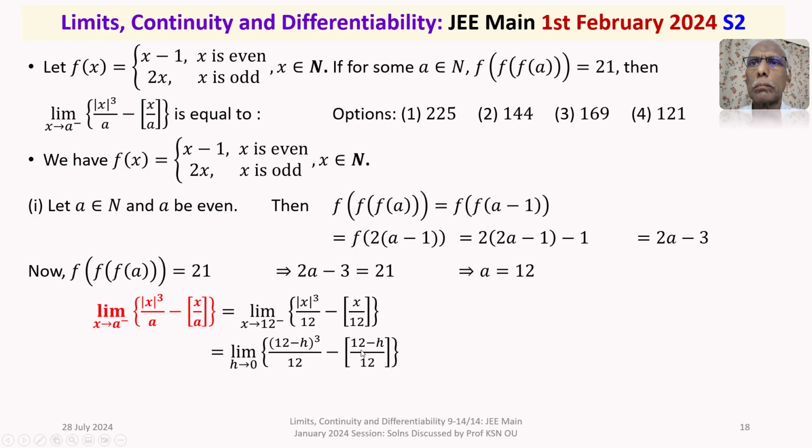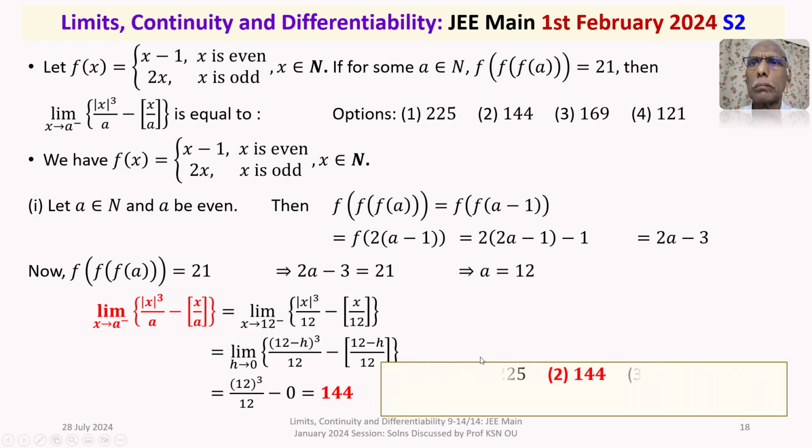And 12 minus h by 12 will be less than 1. The greatest integer is 0. So that is equal to 12 cube by 12 minus 0. That is 12 square by 12, that is 144. So let's look at our options.